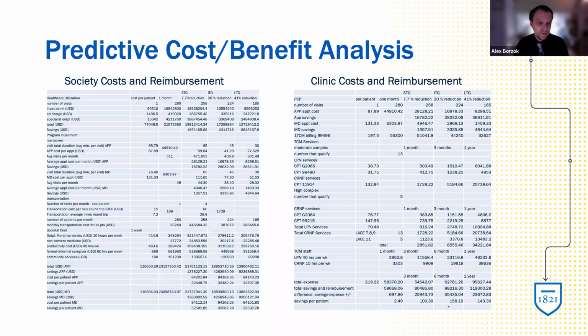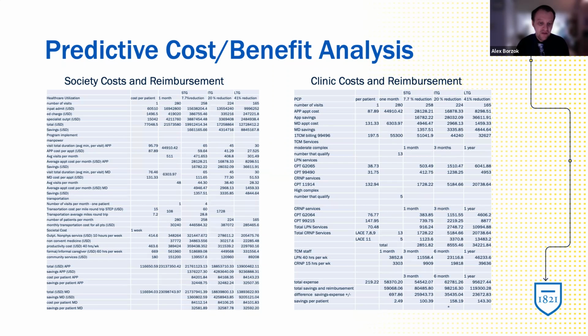Overall, the transitions of care model showed that there would be significant cost savings of upwards of $18.4 million a month to the overall health system and society with the implementation of a transitions of care program. Let me say that again, $18.4 million a month, utilizing both APPs and MDs combined.